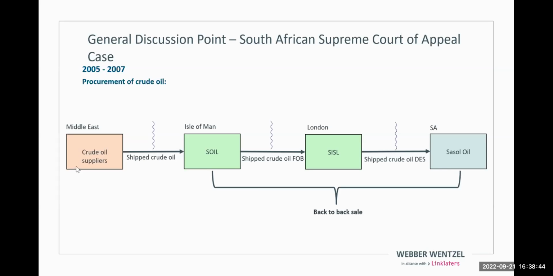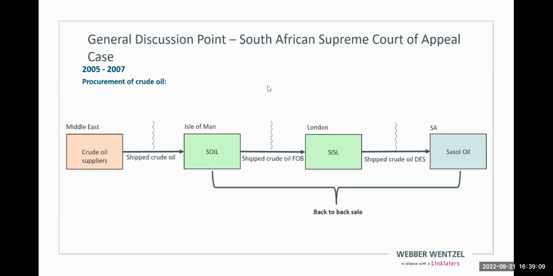Okay, so what happened then in the case? We can talk through that. The case ultimately said that they didn't consider the general anti-avoidance rules. They reclassified the arrangement between Sasol Oil and SOIL to be a direct sale between those entities, ignoring the shipping to SISL.